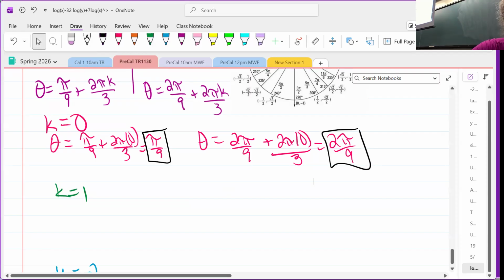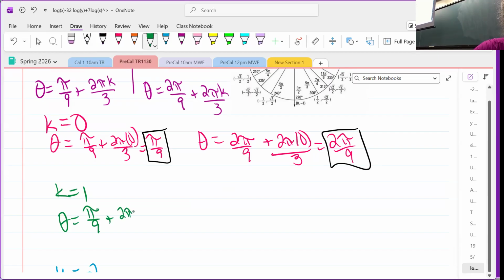All right, now when we plug in k equals 1, we've got pi over 9 plus 2 pi times 1 over 3. So pi over 9 plus 2 pi over 3. Well, I need a common denominator, so I'd multiply by 3 over 3. So I've got pi over 9 plus 6 pi over 9. That gives me 7 pi over 9.